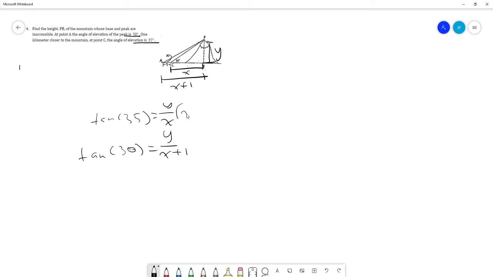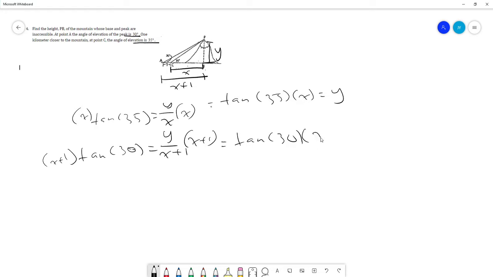So we're just going to multiply both sides by the bottom denominator. And we're going to get here tan 35 x is equal to y, and on this second equation we're going to get tan 30 times x plus 1 equal to y.